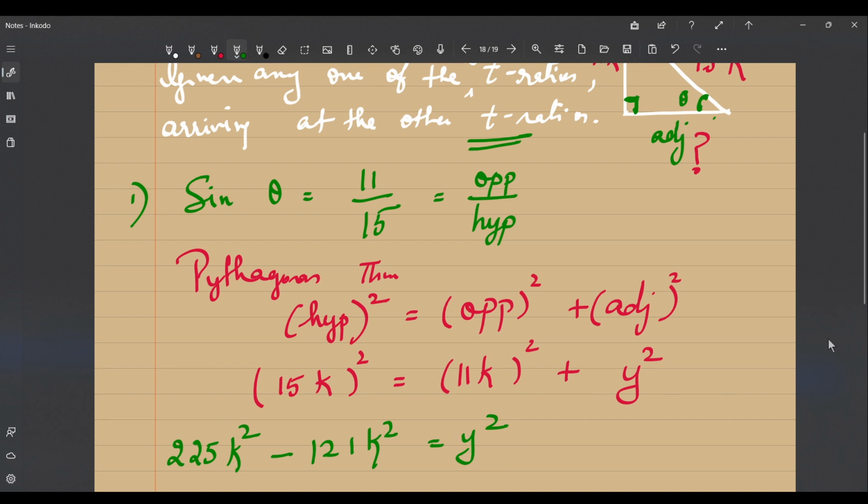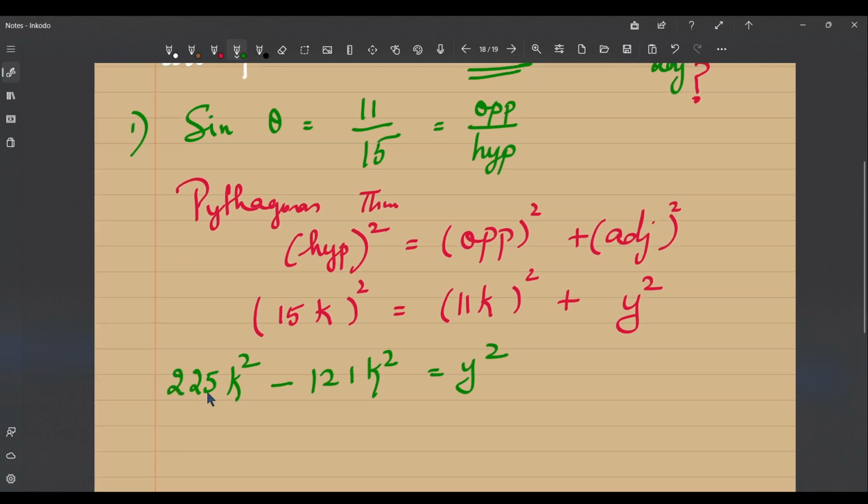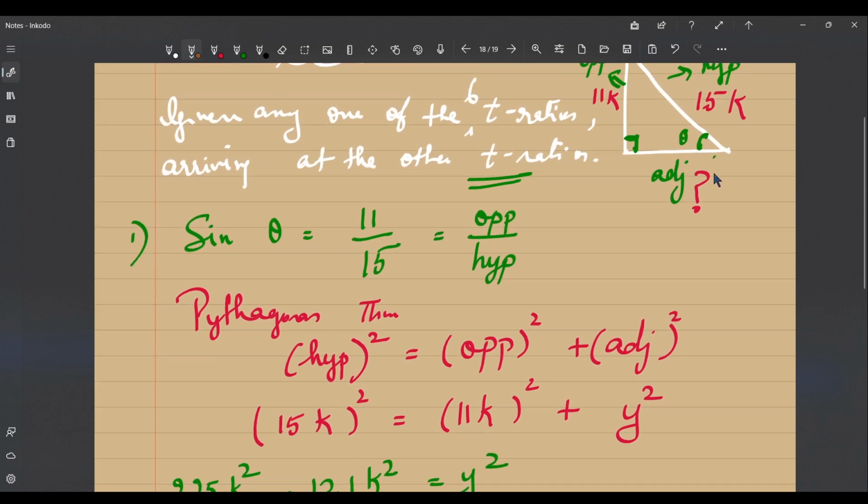So, we will have to take a square root, but after a little simplification, k squared can be taken as common. We can subtract 225 minus 121, this is equal to y squared. So, what is 225 minus 121? It is 104. 104k squared is equal to y squared. So, let us take the square root of both sides in order to get our side y.